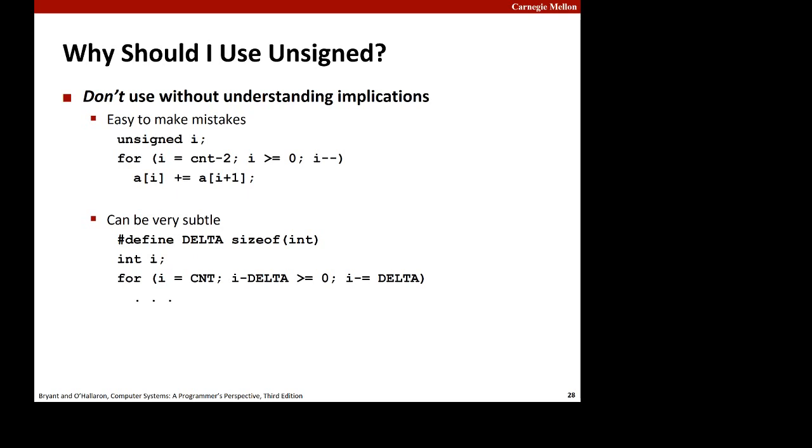It can be a little more subtle, as people saw, if delta is sizeof int. Delta is defined to be an unsigned number, and so by the rules we had, this would be cast to unsigned and therefore always be greater or equal to 0.